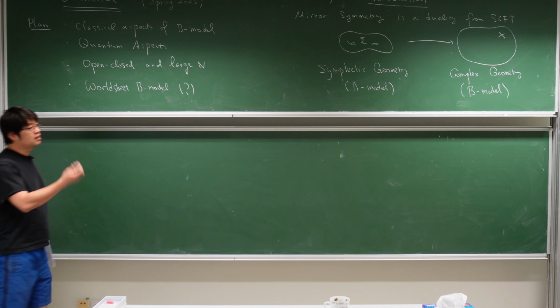And the domain of this map is called a worldsheet. And on the other hand, there's a different way of describing this data, this idea from physics, as follows. So let me write it on this side. This is called string field theory.